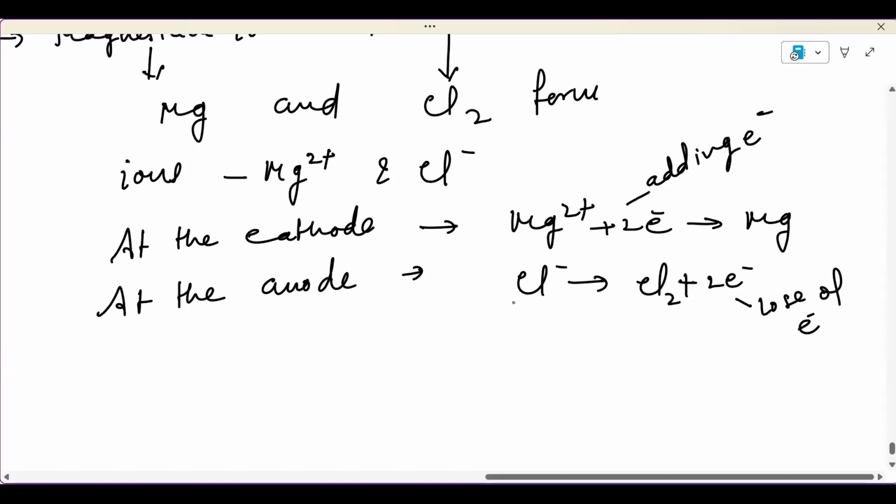Okay. Let's balance it. 2 chloride ions become Cl2 and 2 electrons. Because it is 2 chloride ions, the total charge is 2 minus, right? It is also correct to write the anode reaction as 2 chloride ion minus 2 electrons gives chlorine gas.